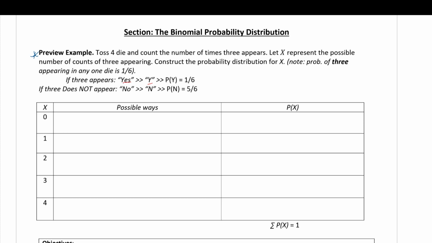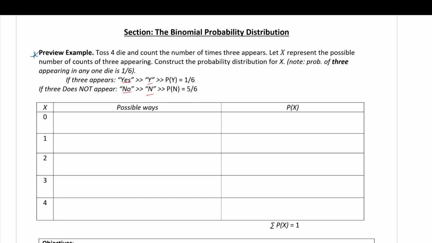If a 3 does not appear, it's anything other than a 3, so we say no, and the probability that a 3 does not appear is the other 5 sides. These are essentially complements of each other. A 3 appears or it doesn't appear. Even though there's 6 possible outcomes per die, we forced it to be 2 outcomes: 3 appears or 3 does not appear.